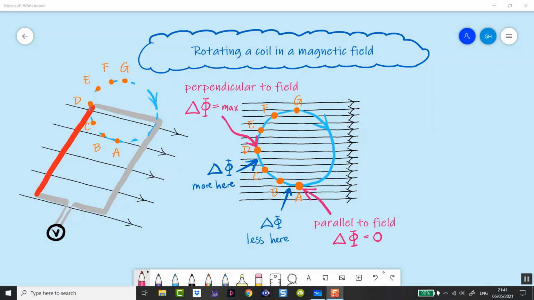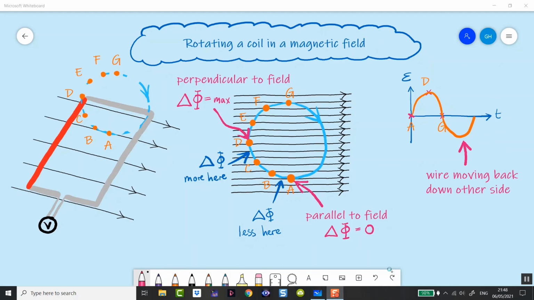Putting this all together, we get no EMF at A and G, max at D, getting bigger from A to D, then smaller again from D to G, and the exact shape is a sinusoidal wave. If we continued, we'd get the same pattern as the wire moves round the other side of its rotation, except that the EMF will be in the opposite direction, which will be negative on our graph.